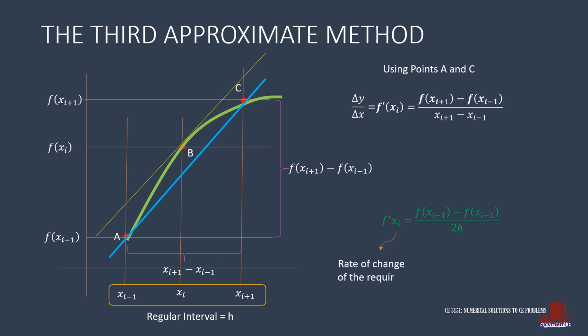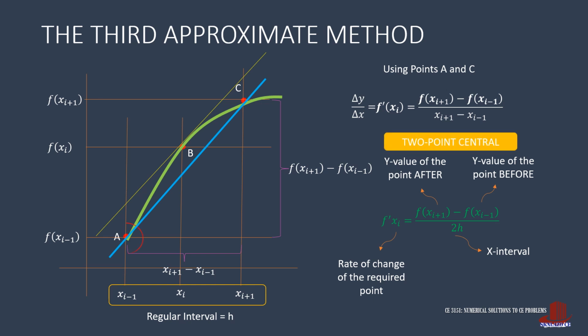F prime is the required point's rate of change, and f of xi plus 1 is the y distance of point C. F of xi minus 1 is the y distance of point A, and h is also the x interval. Involving 2 points A and C and placing the required point at the middle, the function is named 2-point central.